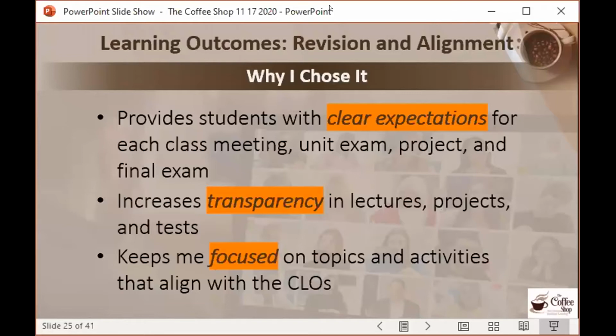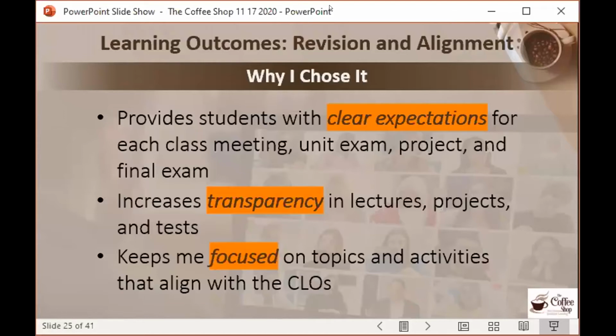By providing these clear expectations, we increase the transparency in the course. So nothing is a mystery, nothing is hidden from the students. Students know that, for example, for a unit exam, if they can explain, analyze, evaluate each lesson level learning outcome, then they're going to ace the exam.